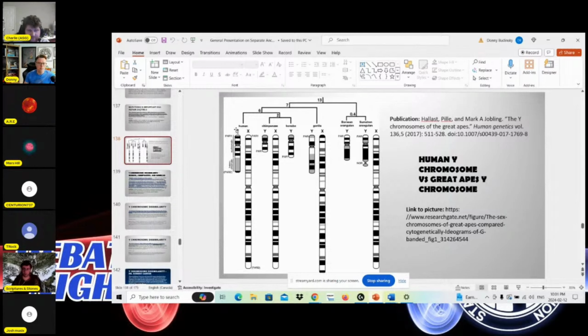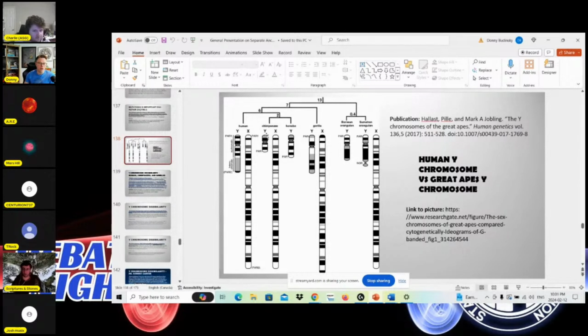So when they actually compared the Y chromosomes between humans and chimpanzees, they discovered a few very interesting things. The human Y chromosome, you can see it here. Here's the euchromatin, the heterochromatin. So it shows you the size, the architecture and the gene content.